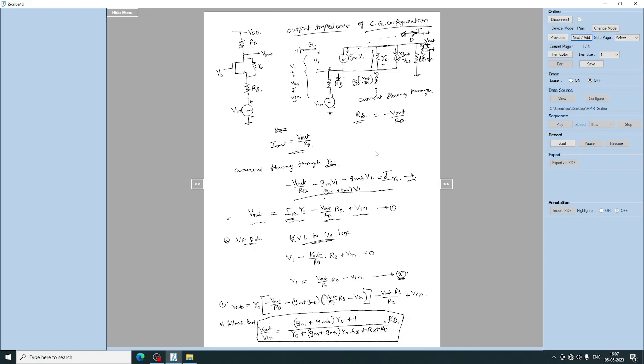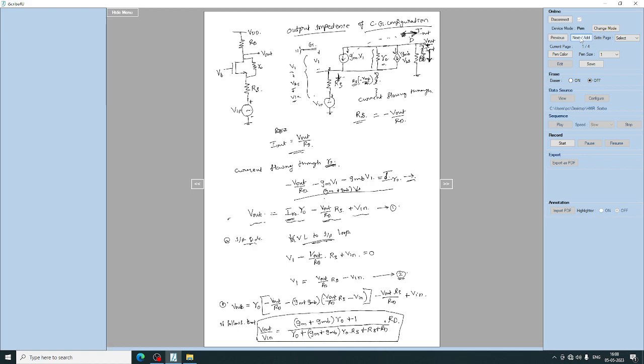And here we observe that in the common gate the body effect is very high. The body effect is very high. Fine. So this is the expression for the gain. So finding out what is the output impedance. I hope everyone is clear up till here.